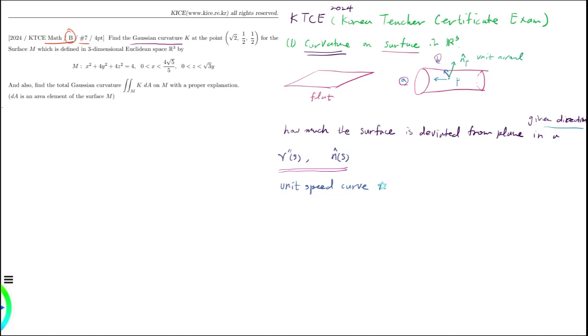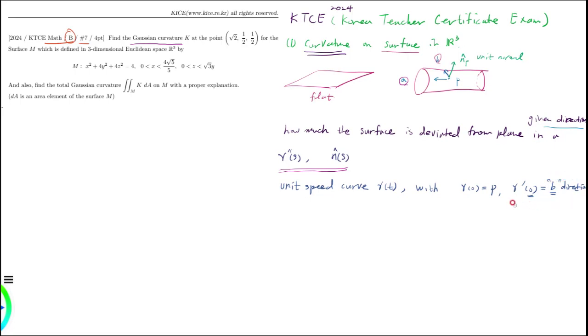Let's just say gamma of t, such that its starting point is P and its tangent vector at the given point P is in the B direction.